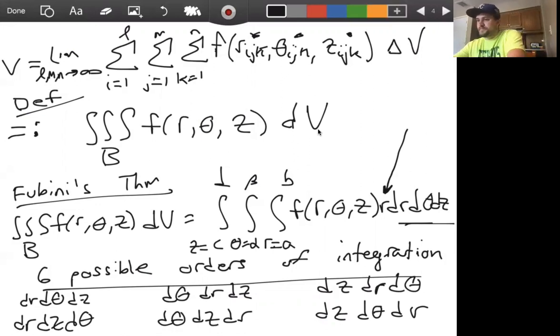So now I'd like to finish the video off with a few examples. One is just a standard example so we can see what a triple integral in cylindrical coordinates looks like. And then the others will be over generalized regions.